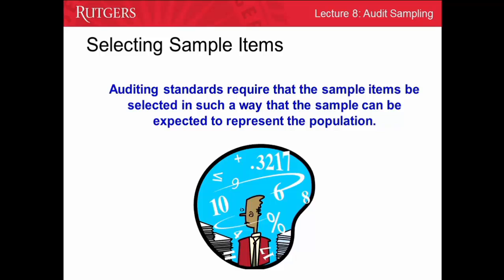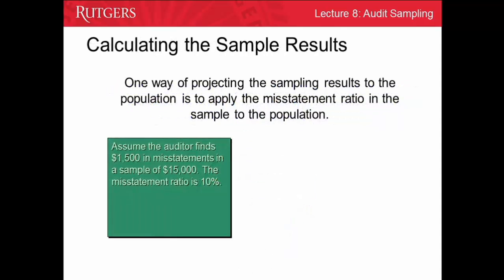Like the non-statistical sampling for the test of controls, for the test of account balances, the auditors can also use the systematic selection as well as the haphazard sampling method to select the sample items.